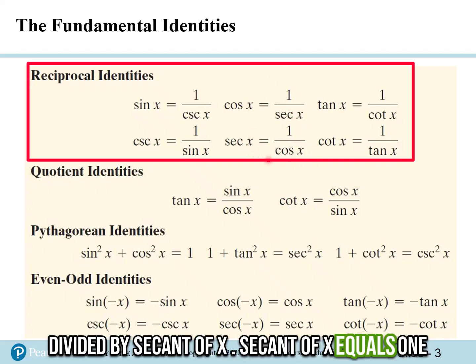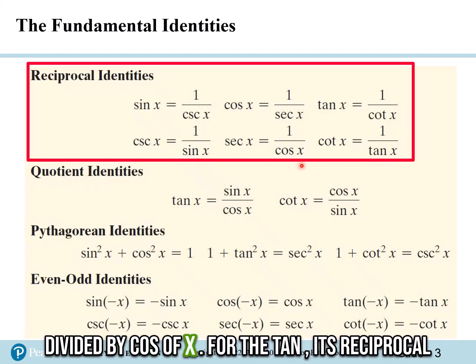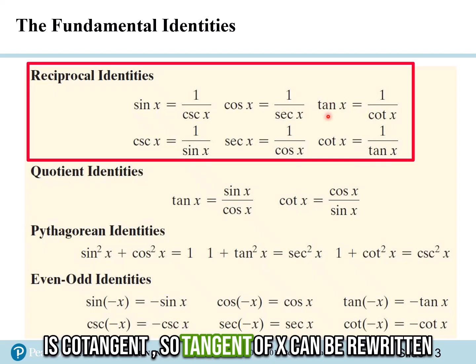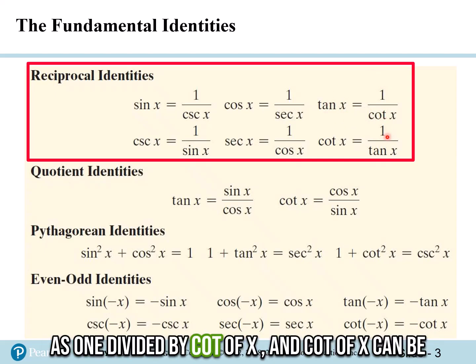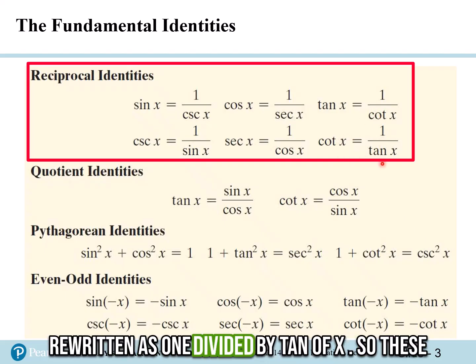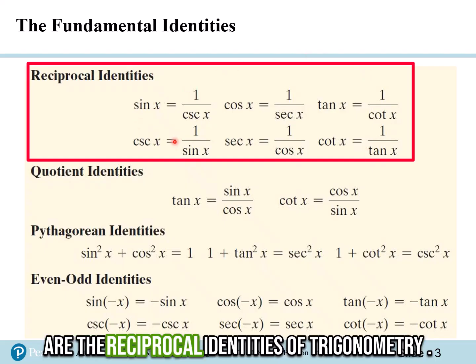Secant of x equals 1 divided by cos of x. For the tan, its reciprocal is cotangent, so tangent of x can be rewritten as 1 divided by cot of x, and cot of x can be rewritten as 1 divided by tan of x. So these are the reciprocal identities of trigonometry.